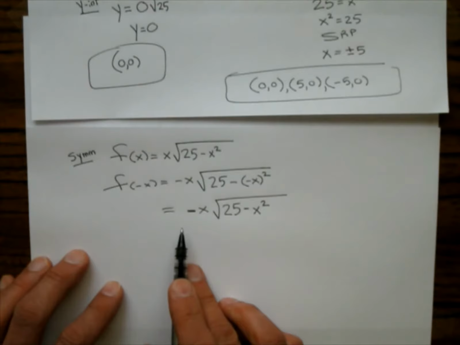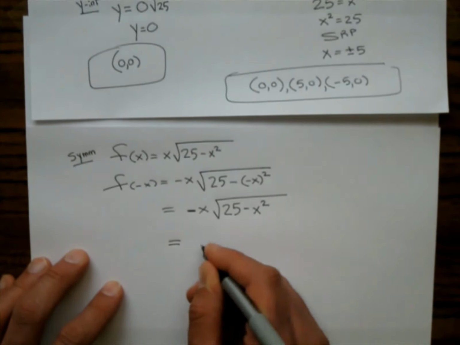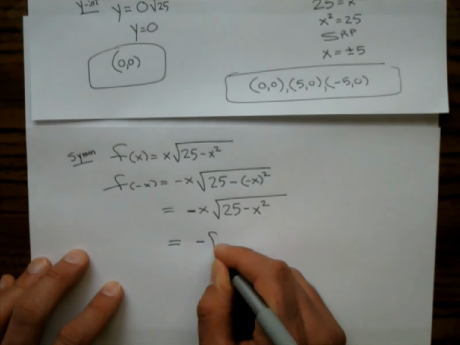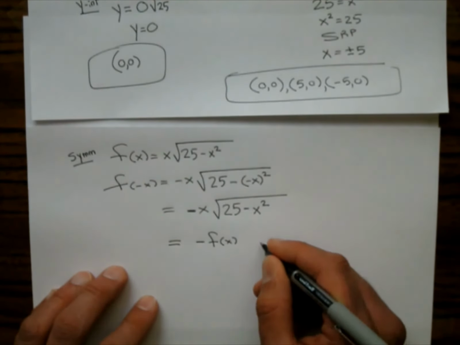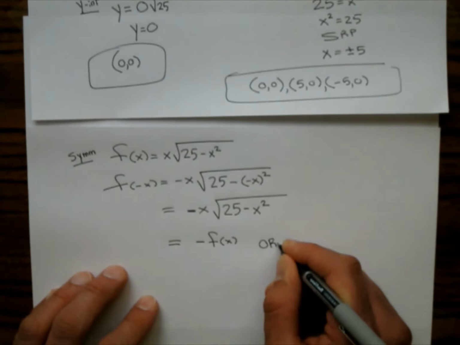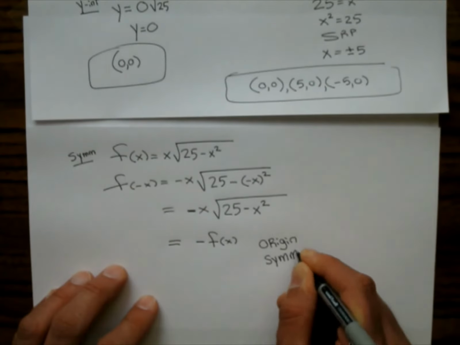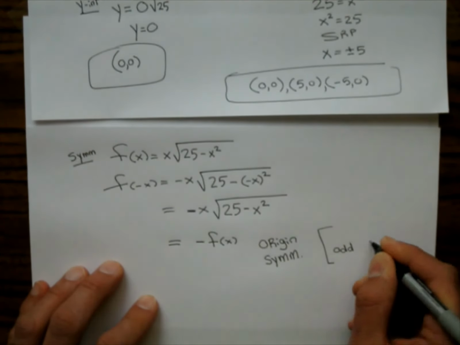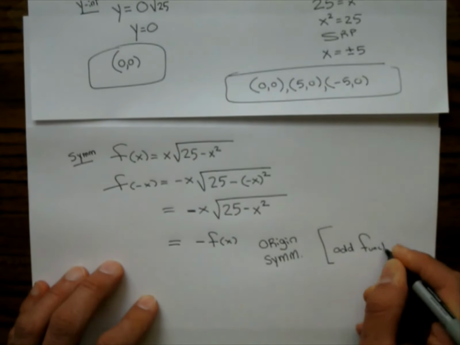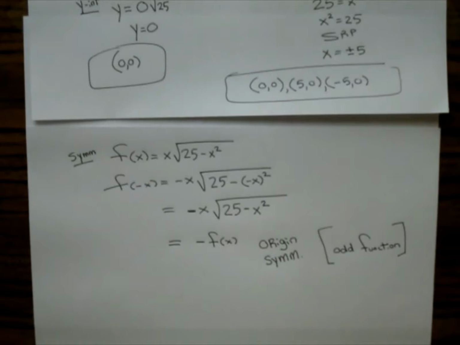And did I get minus our original function? And the answer is yes, we did. This is minus f of x, which means our function has origin symmetry, which means sometimes people call this an odd function. So we have an odd function, which really means we only have to graph half of it.